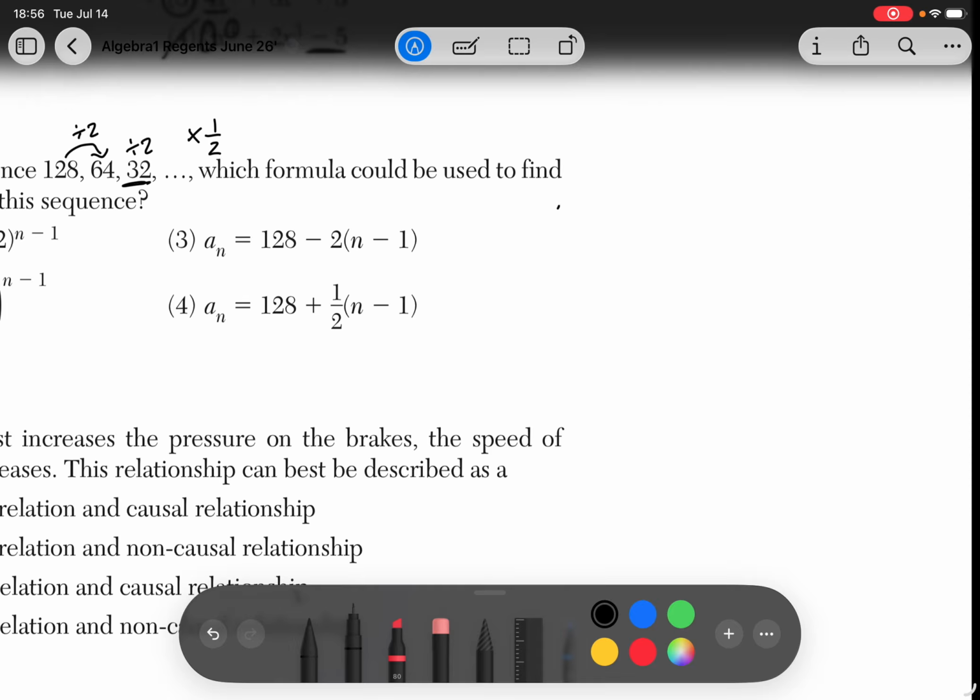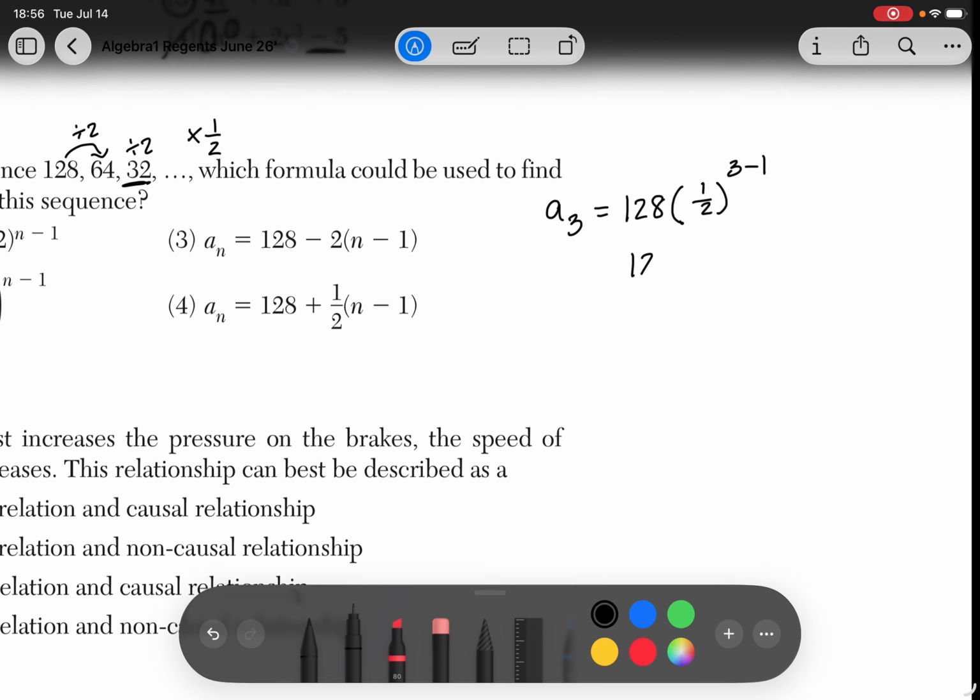So we can set this up as a of 3 equals 128, because that's our first term, times a half, raised to the power of 3 minus 1. We want this to equal 32 when we simplify it, because that is our third term. We're just proving that's our third term.